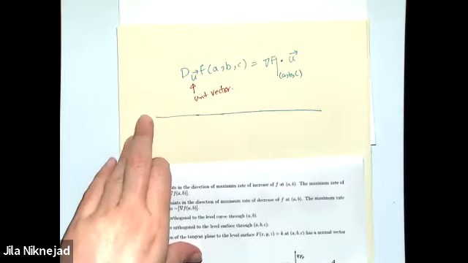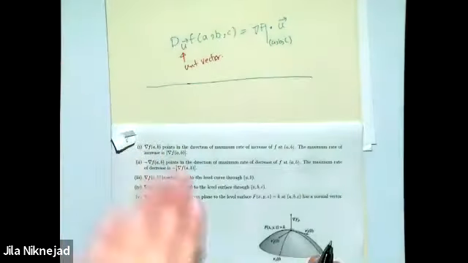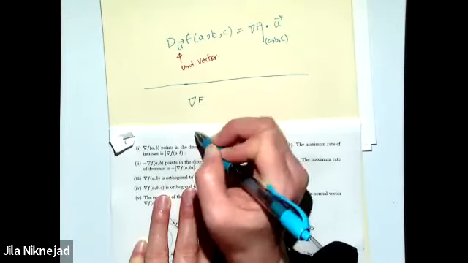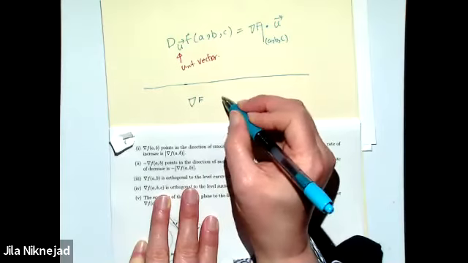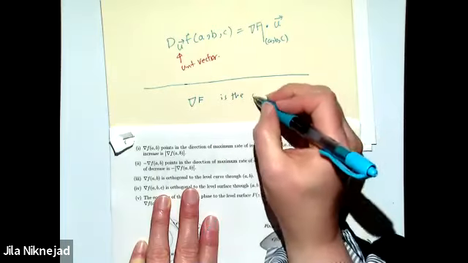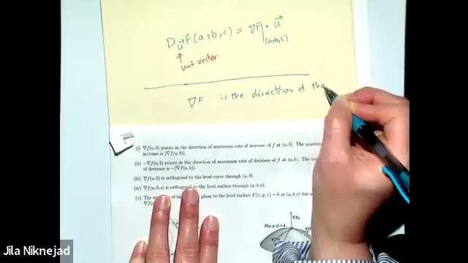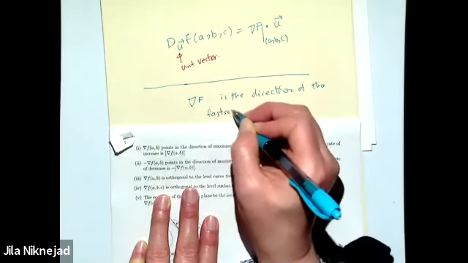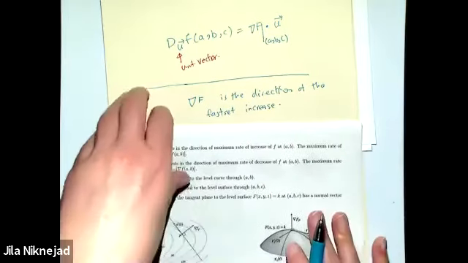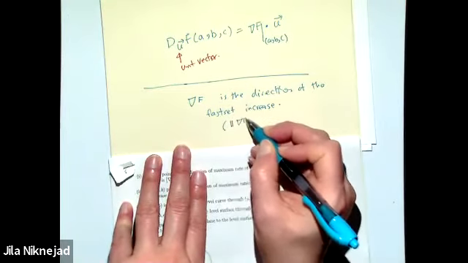It turns out, and we proved it before, because of the other formula for the dot product, that the gradient of f is the direction, not the unit vector direction, but the direction of the fastest increase. And that fastest increase, when we computed it, was just the magnitude of the gradient of f.